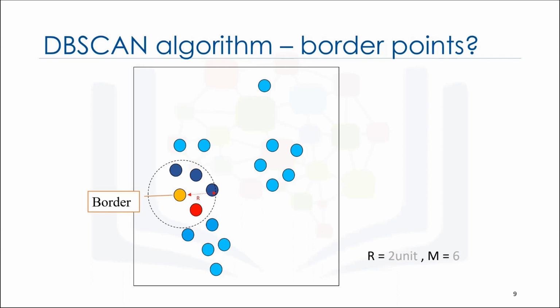A data point is a border point if A, its neighborhood contains less than m data points, or B, it is reachable from some core point. Here, reachability means it is within our distance from a core point. It means that even though the yellow point is within the 2 centimeter neighborhood of the red point, it is not by itself a core point because it does not have at least 6 points in its neighborhood.